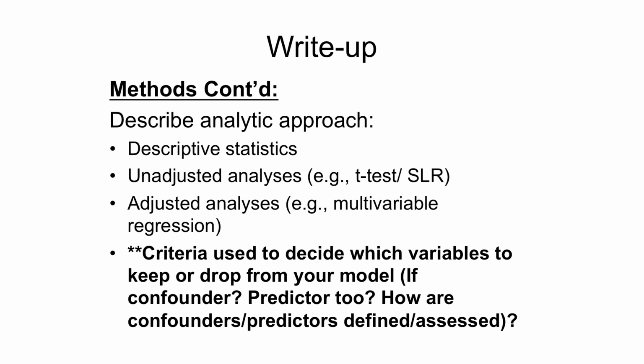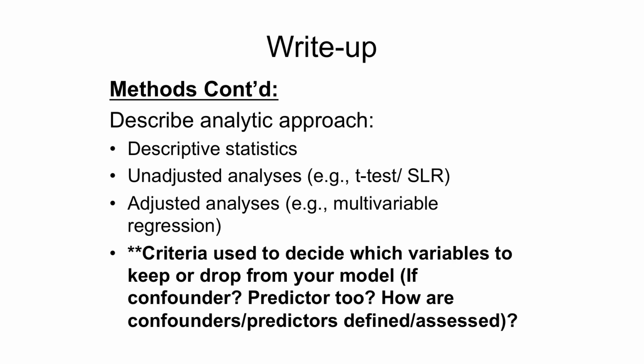You also want to describe your analytic approach, including descriptive, bivariate, and multivariate analyses. Importantly, you want to include the criteria that you use to decide which variables to keep or drop from your multivariable model. So, are you only keeping in variables that meet the definition of a confounder, or predictors too? How are you defining confounders and predictors?